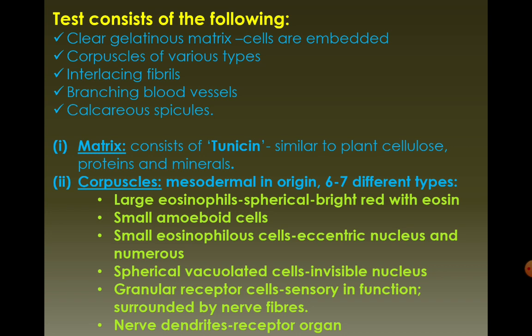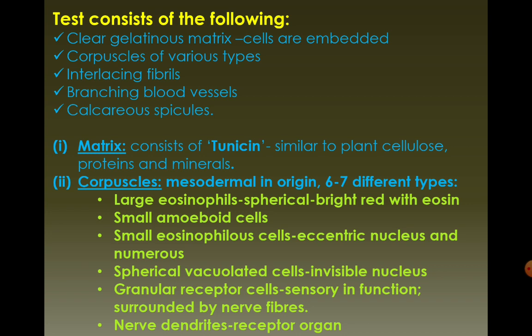One is the large spherical or ovoid cells that stain easily with eosin and hence are called eosinophilous cells. Then we have amoeboid cells that are smaller than the eosinophilous cells, which are few in number and scattered through the matrix. Then we have numerous small eosinophilous cells, each with an eccentric nucleus, scattered throughout.